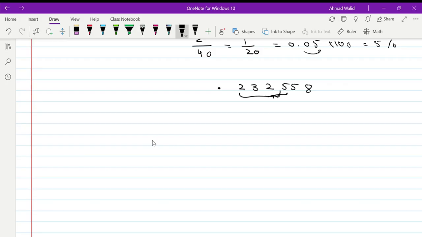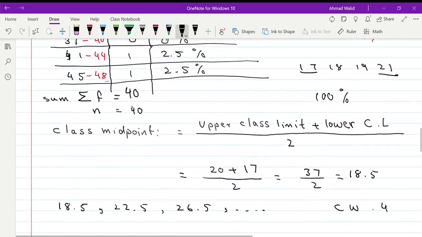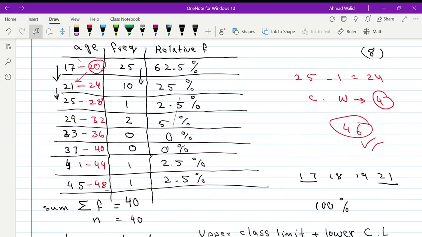This number is 5, and you know the rule of rounding up. If it's 5, you add 1 here and remove the rest. It becomes 0.233. Because you are rounding up, when you go to percentage, there will always be a difference, not totally 100%. Sometimes we are a little bit off, less than 100%, or usually above 100%.